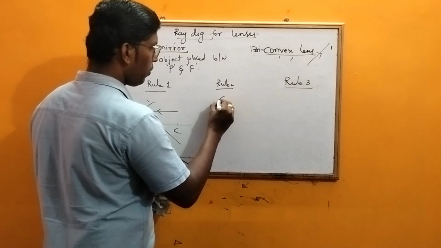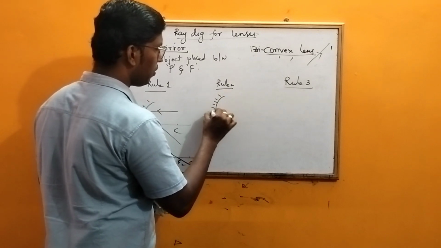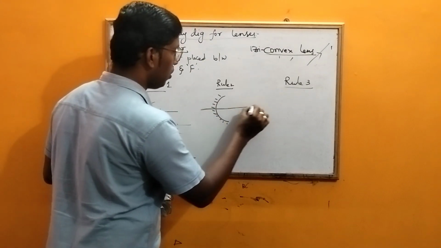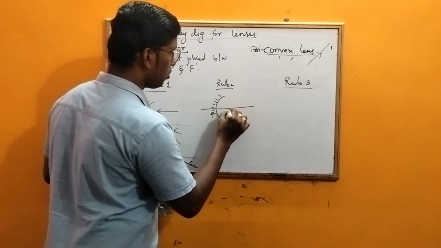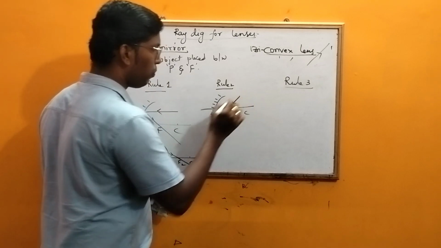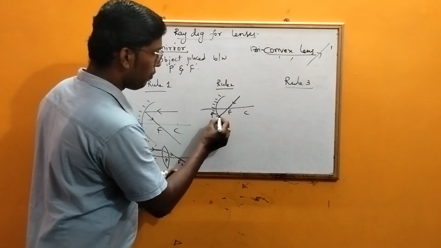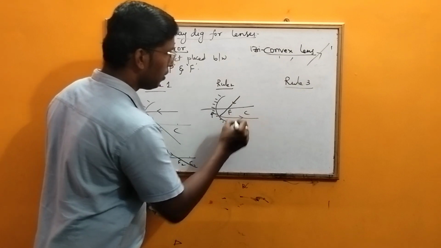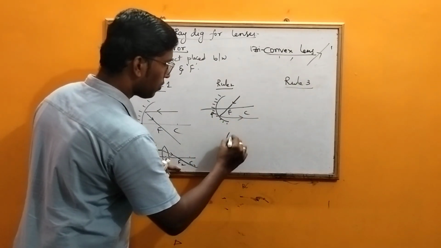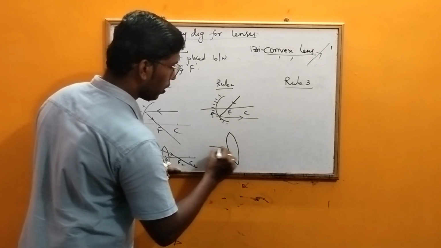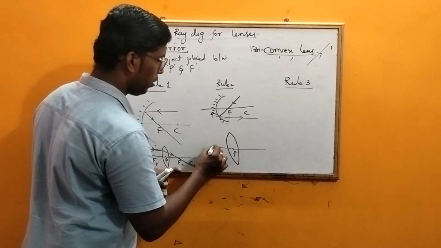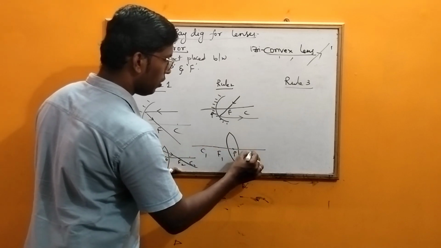Rule 2 for concave mirror. I am talking about lens, just I am comparing both the diagrams. Okay, so pole, focus point and center of curvature. If a light ray passes through focus point, after reflection, it passes parallel to the principal axis. Similarly here also, convex lens, optic center, focus point, center of curvature.